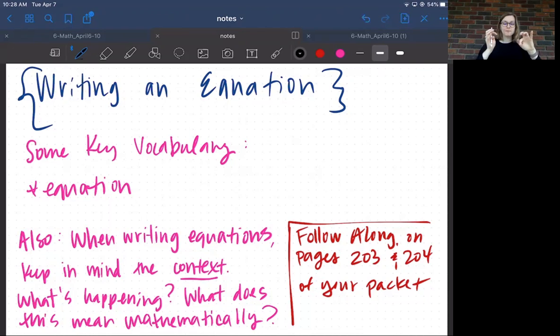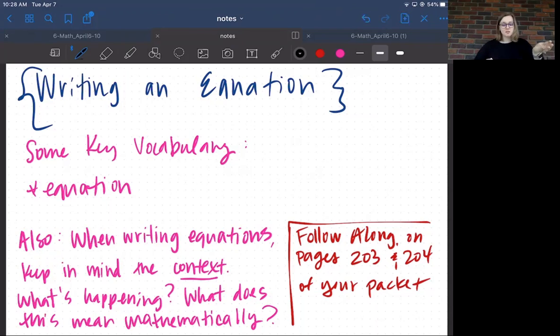Now, the biggest thing to keep in mind when you're writing equations is the context of what's happening in the problem. So we ask ourselves what's happening, and depending on what's happening, we ask ourselves what that means mathematically. So in terms of the math, what is happening?